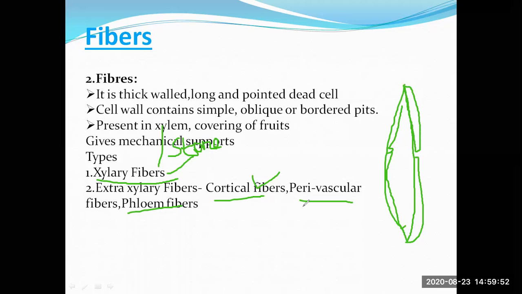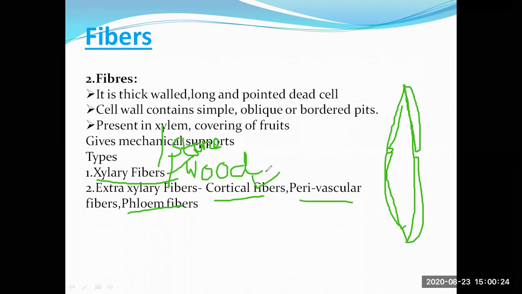For example, we'll see them one by one. The first one is xylem fibers. These are also called wood fibers. Generally, these wood fibers have different sizes, shapes, and thicknesses.